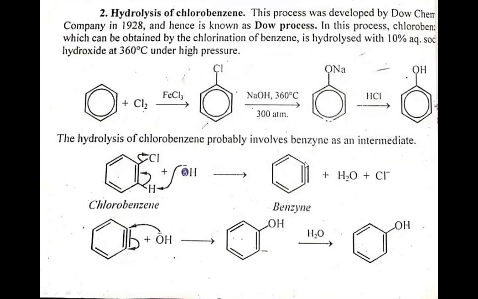If it comes to this position, then the ortho product will be formed, or the ortho isomer is formed. And if the OH group is attached to this position, then the meta product will be formed.